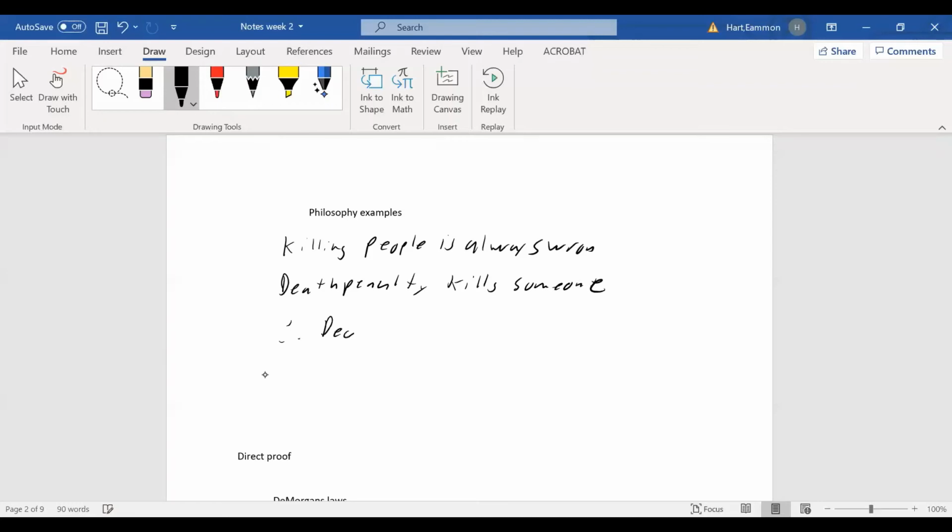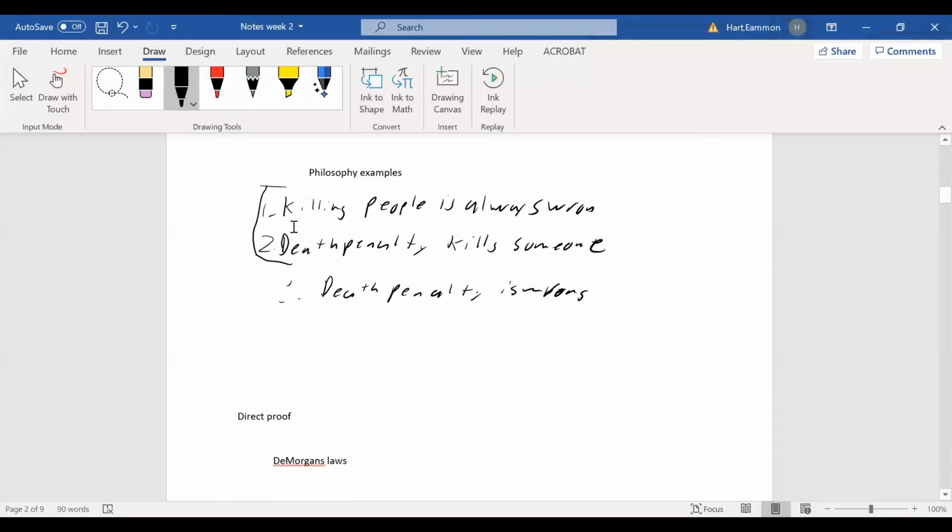Therefore, the death penalty is wrong. The big thing in philosophy is you will dispute the premises. The first one will be very hotly disputed. The second one is not going to be that hotly disputed, but will come up a lot. But this is clearly of logical form.